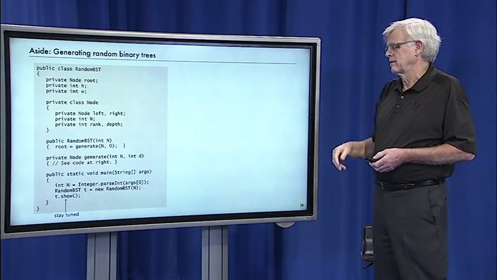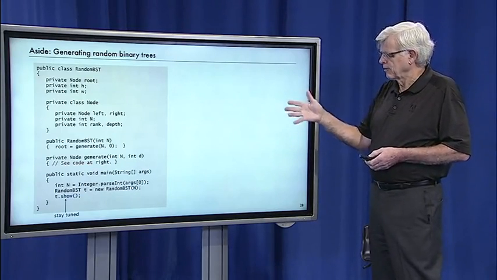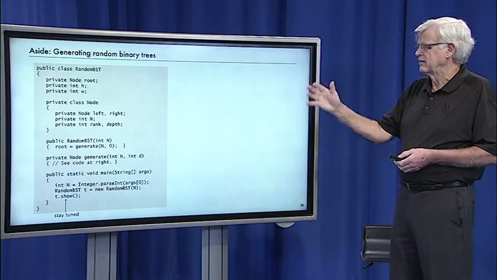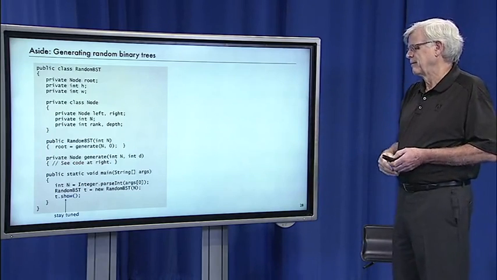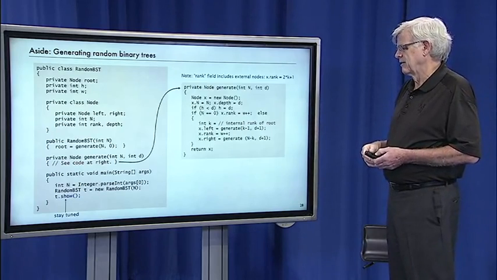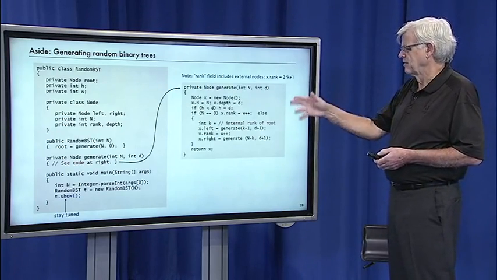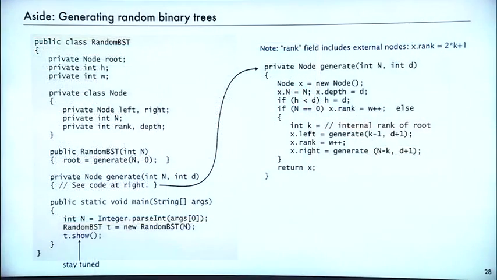And I used our programming model from the algorithms book site to do the drawings. But what I want to talk about now is the generate method that's supposed to generate a new tree at a certain depth. It's basically a recursive program that computes the internal rank of the root according to the appropriate probability distribution, and then recursively generates trees on the left and on the right.